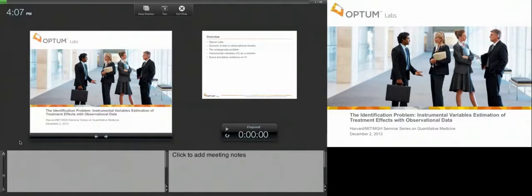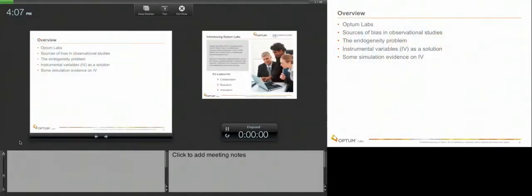I think I'll start out by talking a little bit about Optum Labs as an example of expanding access to data. It's just remarkable how much data is being aggregated and the potential for beginning to link data from various sources together.